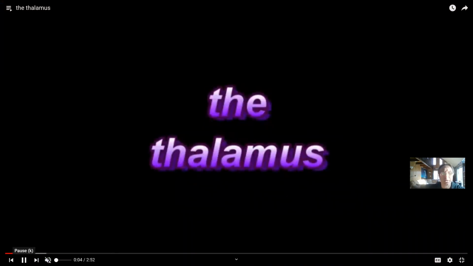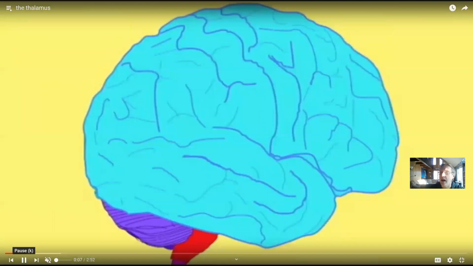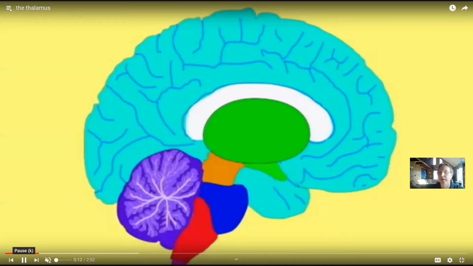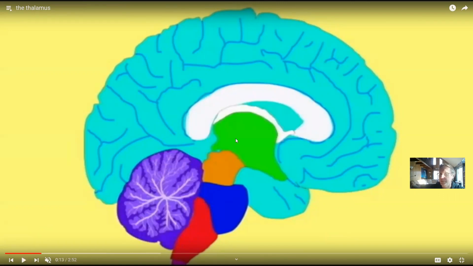Many people underestimate the size of the thalamus, just because a very convenient place to look at the brain is a mid-sagittal section. But notice, if I were to look at a mid-sagittal section, this big green blob has to go away. That is the lateral lobe of the thalamus. So here you can see in a mid-sagittal section the diencephalon, but notice that a big portion is not in view.